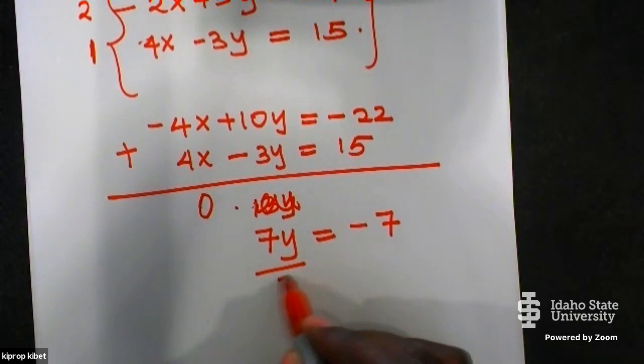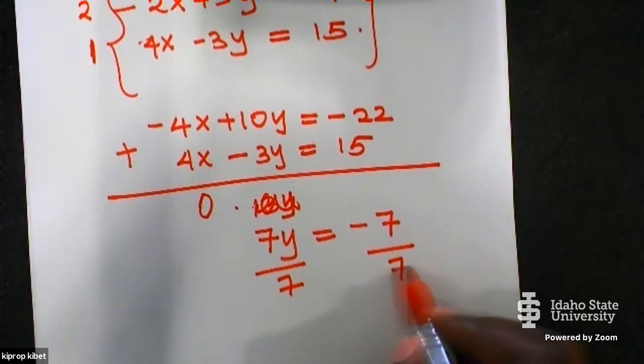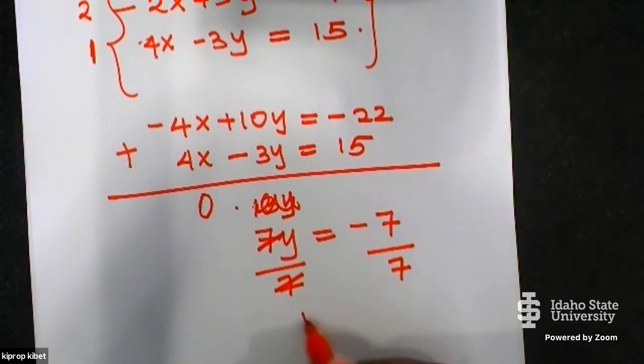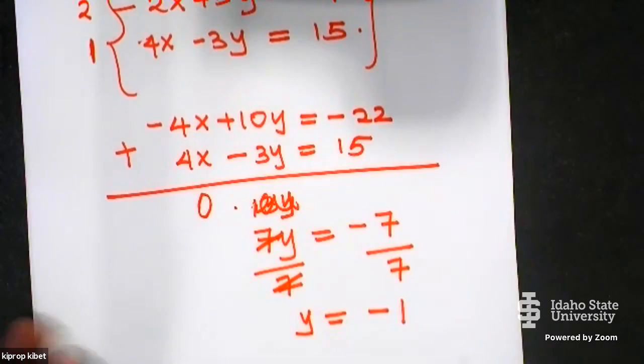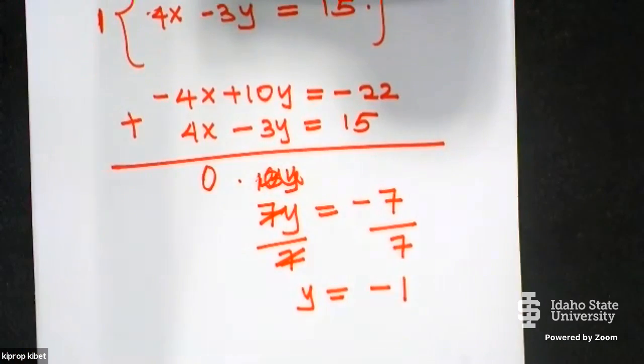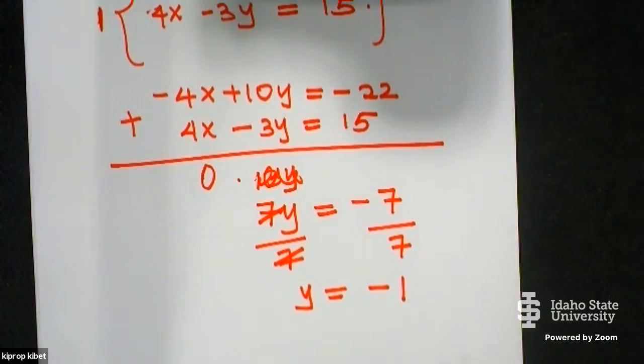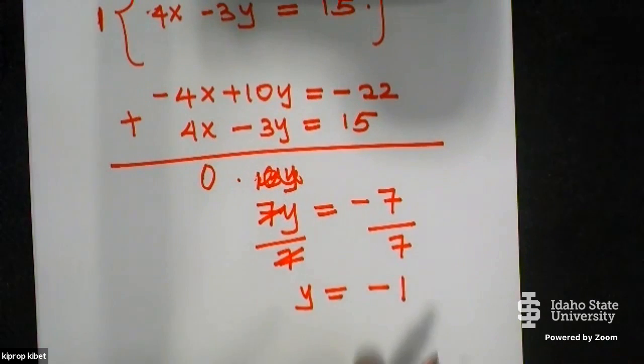Then when you divide by 7 on both sides, you get y equals negative 1. So we have found the first variable, y equals minus 1. Now we look for the value of x.